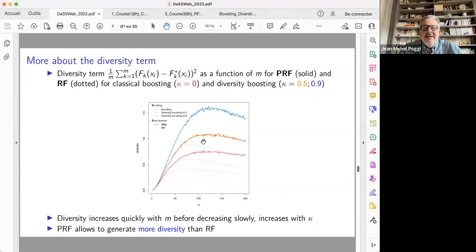It's extremely clear. And you have here the scheme for the classical boosting. So diversity increases quickly with M before decreasing slowly with the increase of kappa.